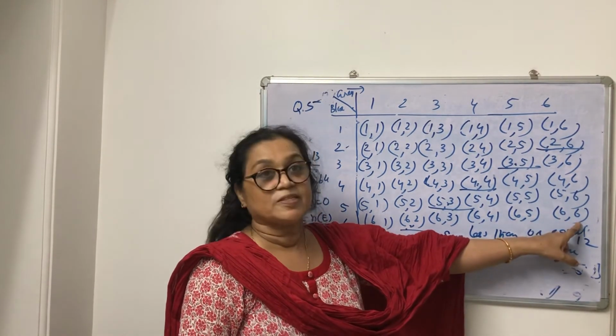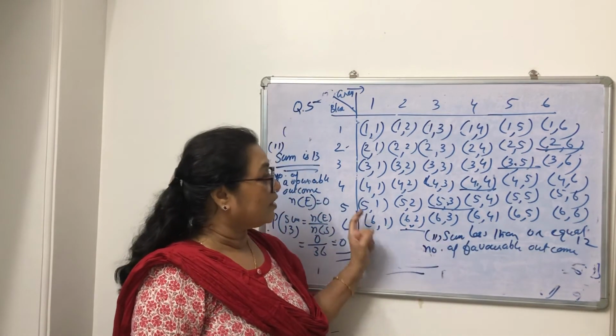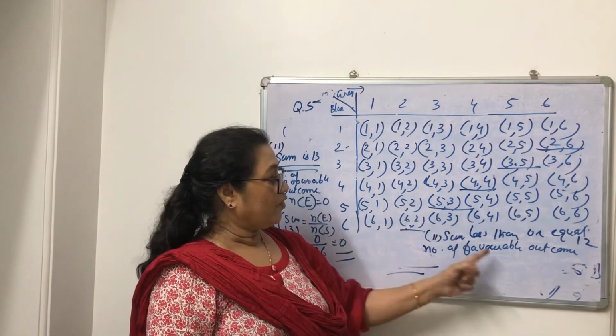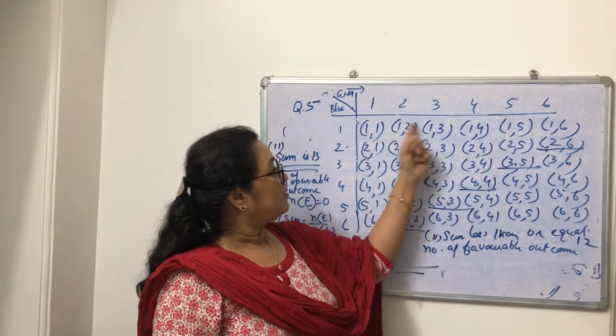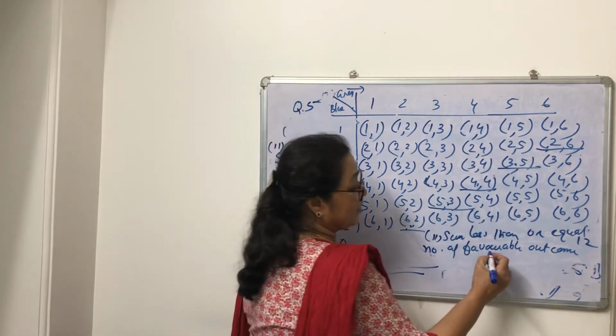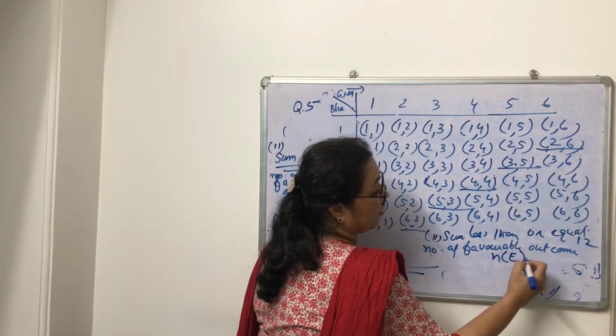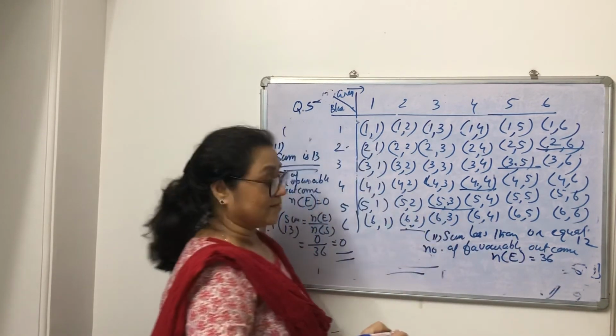Here 6 plus 6 is 12. All others are less than 12. Therefore, all these are favorable outcomes. 6 into 6, the number of favorable outcomes NE is 36.